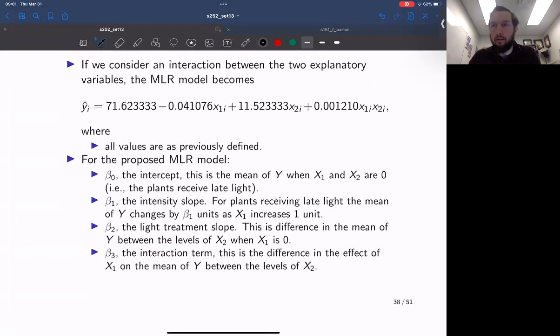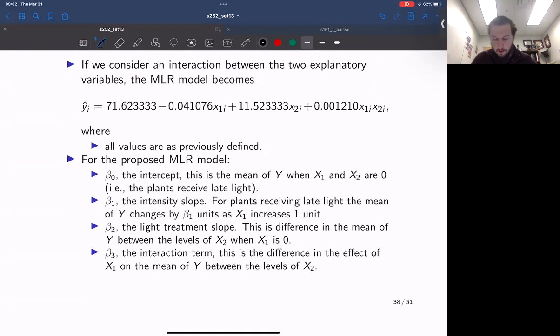So here is the MLR model if we consider interaction. Now, this system is more difficult to interpret because of the effect of the interaction term and because of what it does to the response variables. So in general, we can highlight what the terms mean.